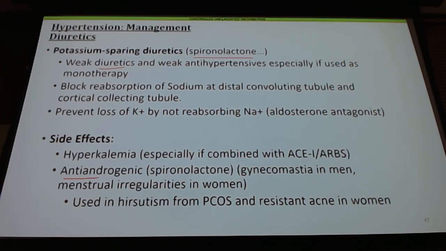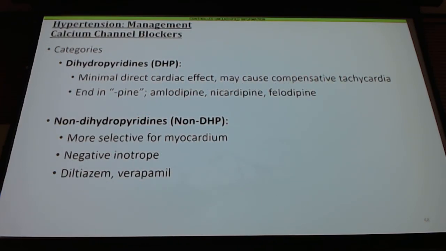So that's your potassium sparing diuretics, and actually that's your diuretics in general, okay? Let's move on, let's talk about our calcium channel blockers. So when we talk about calcium channel blockers, make sure you know which flavor of calcium channel blockers you're talking about. Because your non-dihydropyridines, we are not going to use these in blood pressure management necessarily.